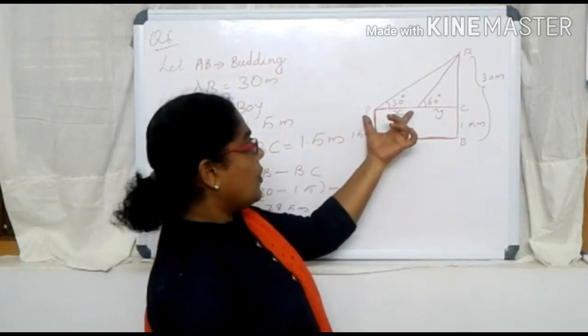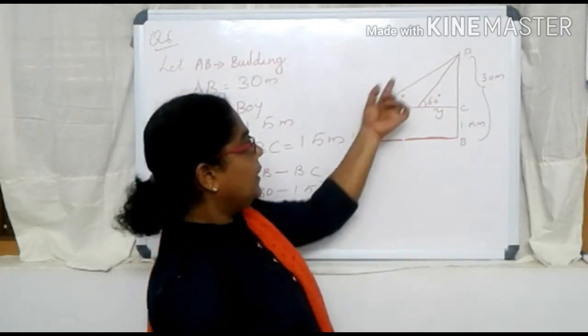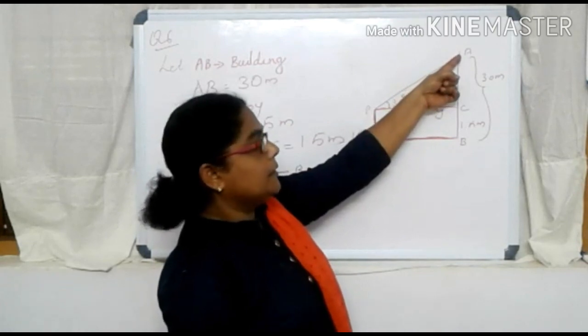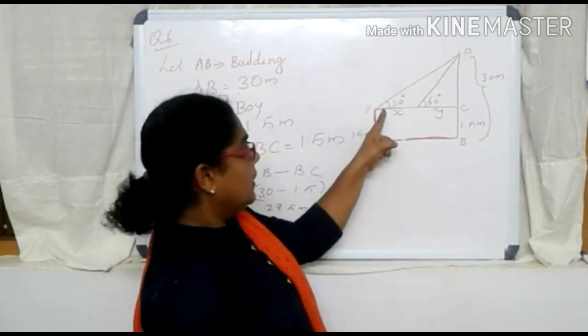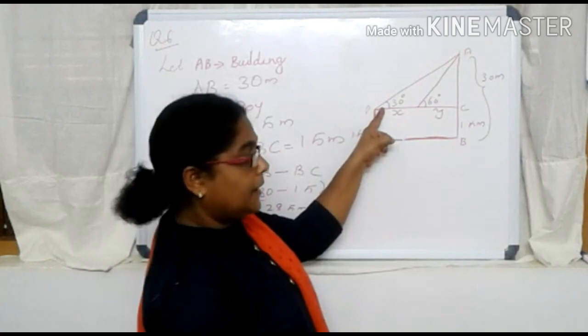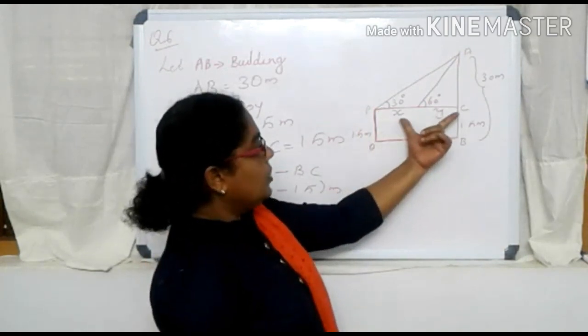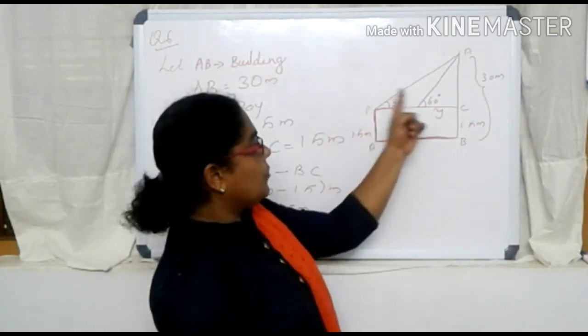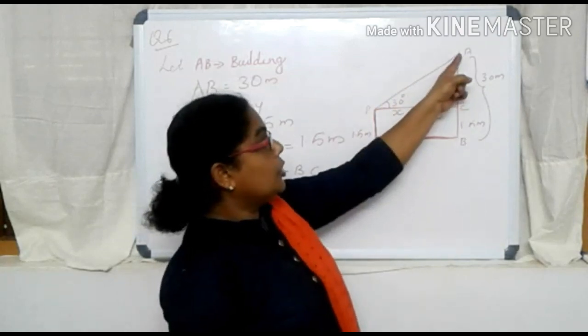At the position of P, he is watching the top of the building at an angle of 30 degree, and he is walking towards the building. He is moving towards the building and looking at the top of the building.